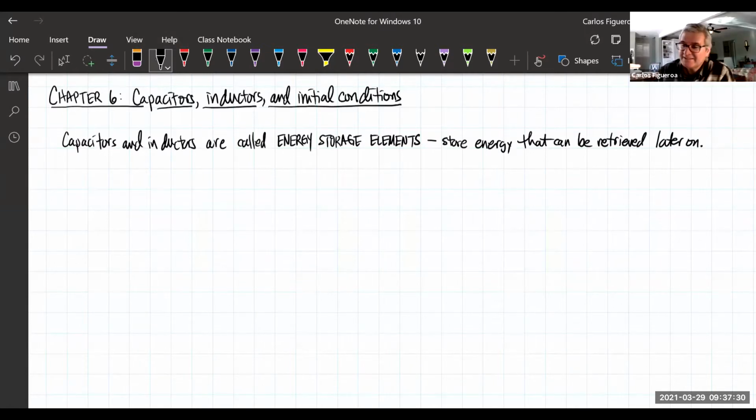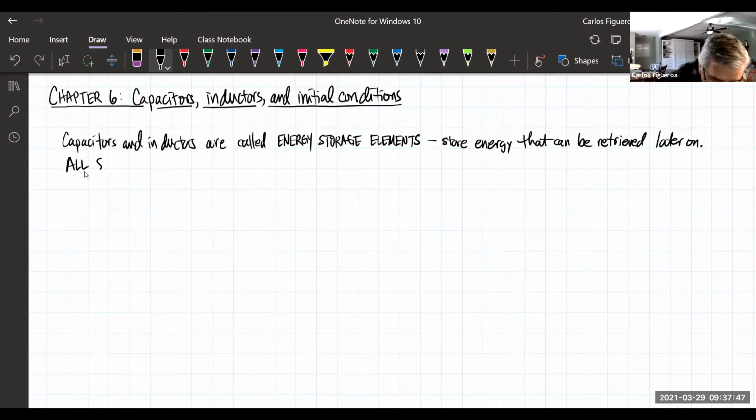And this actually causes problems. You know why this causes problems? Because people think capacitors and inductors are active elements because of this.